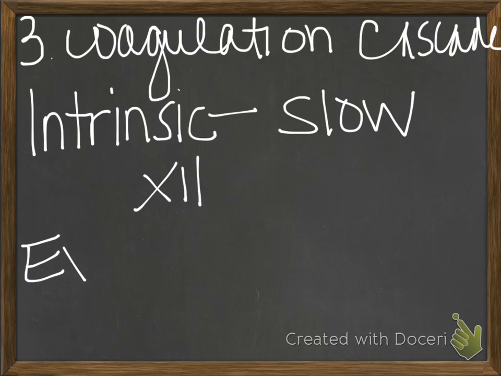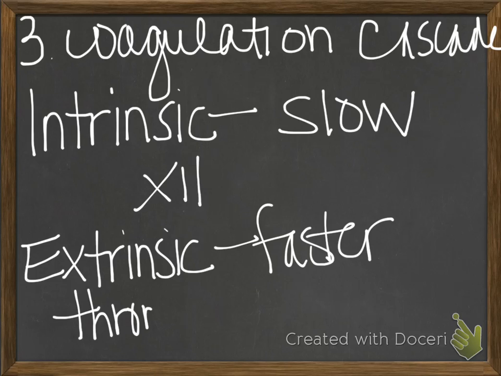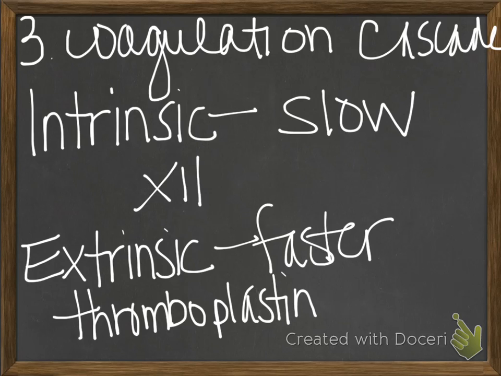Extrinsic is much faster, and it begins with trauma to a blood vessel or tissue, and then there's this release of this tissue factor called thromboplastin, or factor 3.